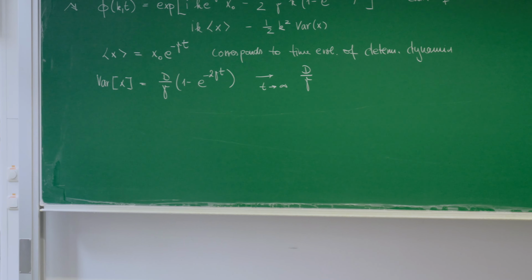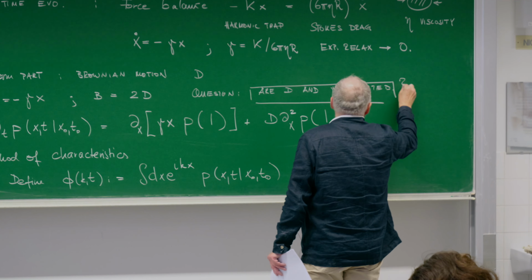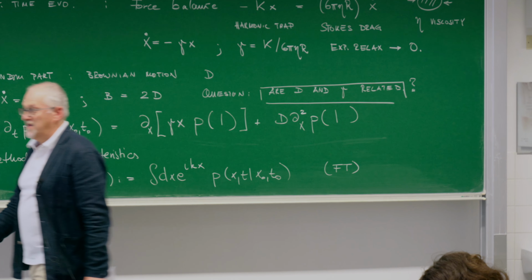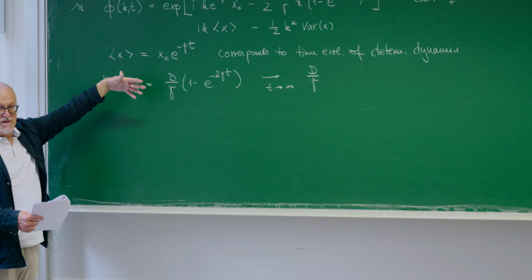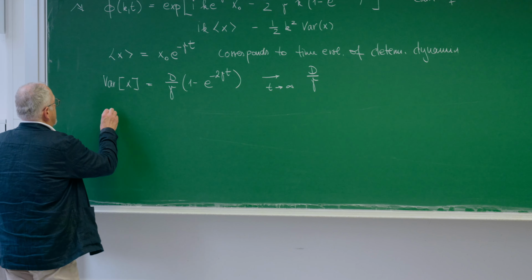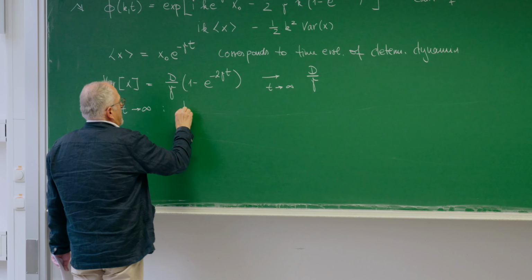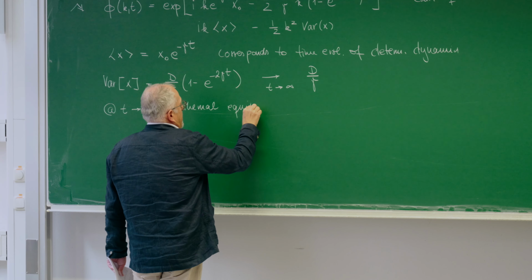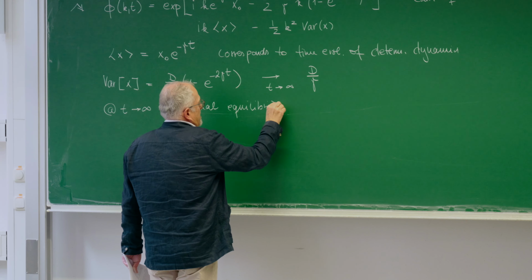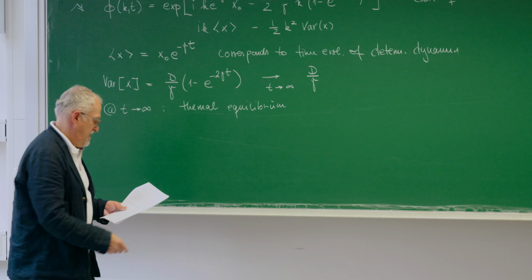Now, the question I have posed: are D and gamma related? I can answer that now by the following argument. This is what I get out from the stochastic dynamics. But at t to infinity, the system should be in thermal equilibrium, because after all, I'm just considering a Brownian particle in a given harmonic potential.